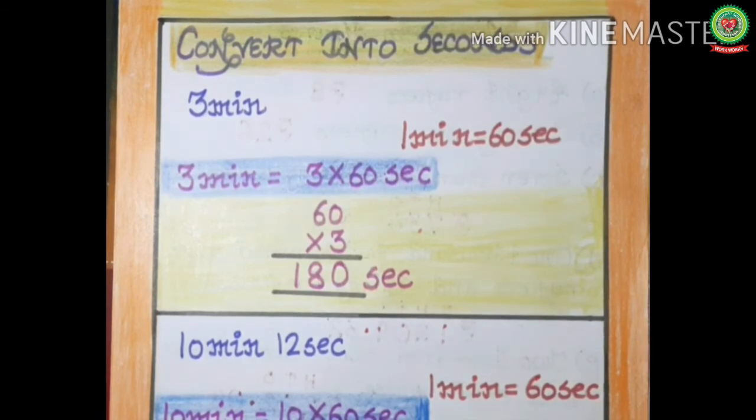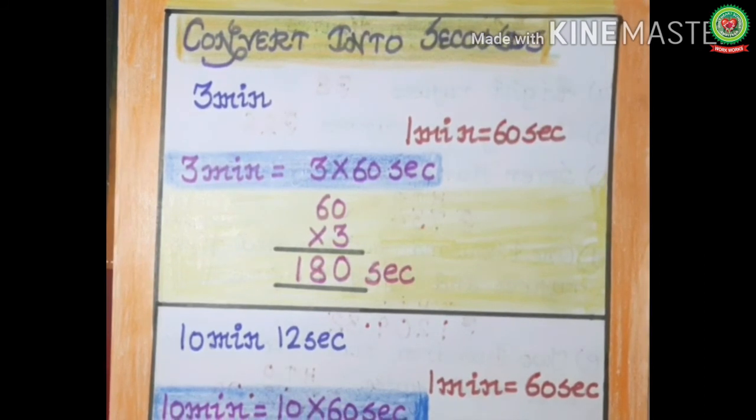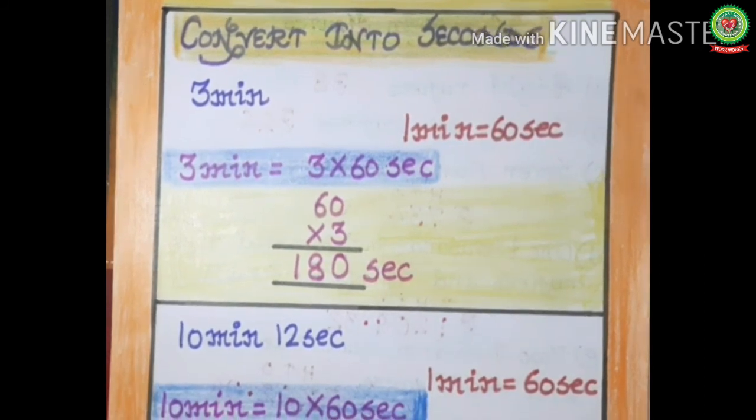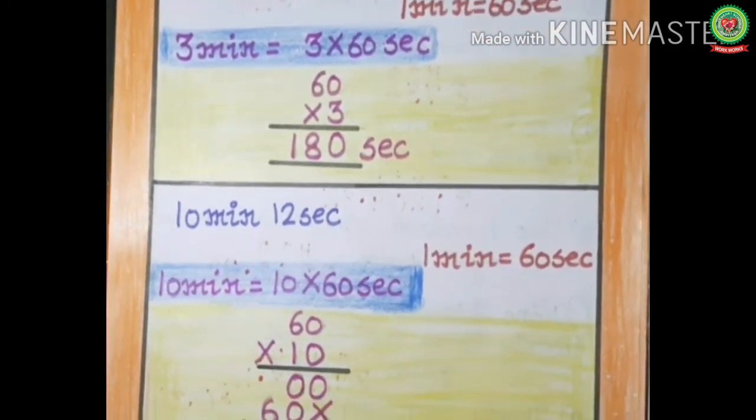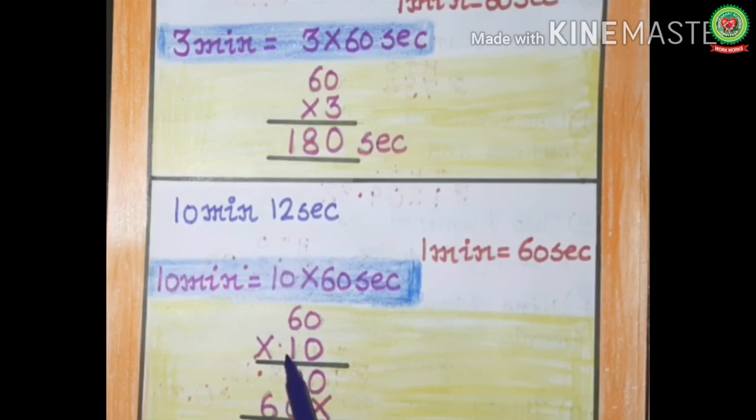Now, let's multiply. 60 multiplied by 10. Now students, you can see there are 2 digits. That means we will do double multiply. First of all, we will multiply 0 with the complete number, and then we will multiply this one with the complete number. Let's multiply. 0 zeros are 0. 0 sixes are 0.